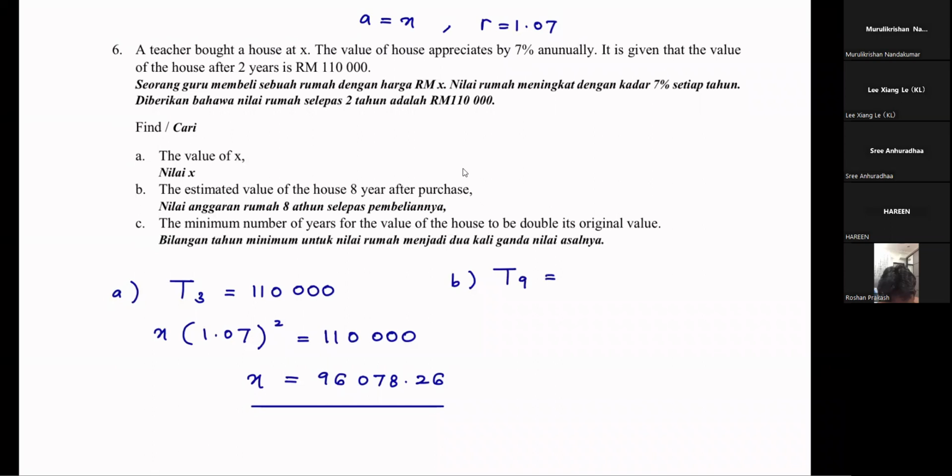A is this one, 96078.26. This is your A. R is 1.07. N minus 1 is going to be 8.